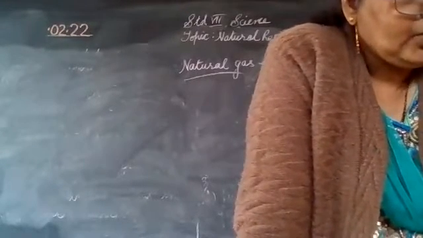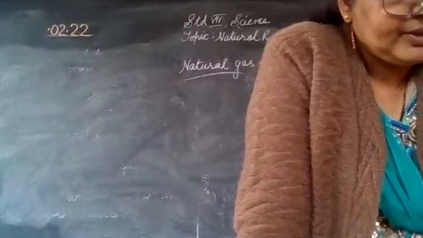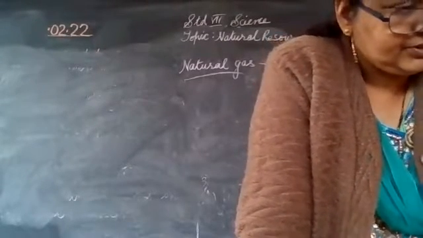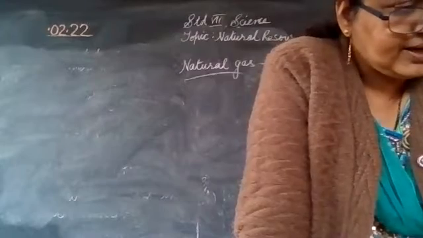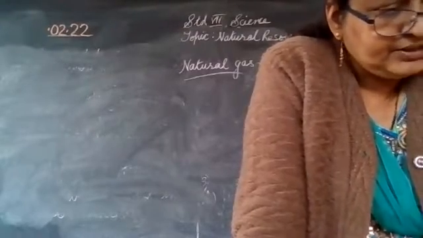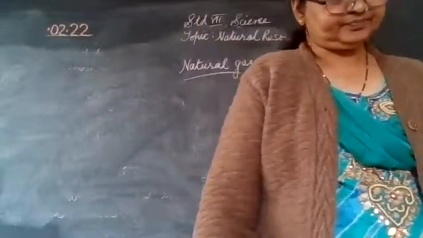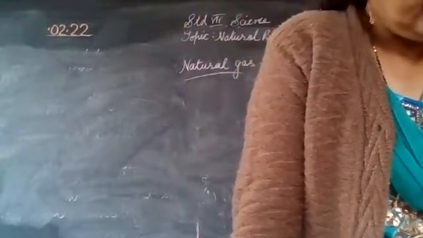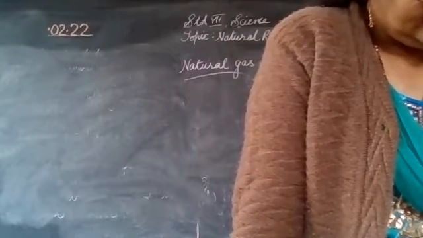Now, what are the characteristics of CNG, compressed natural gas? It catches fire easily and no solid waste remains after combustion. Also carbon dioxide and water are formed in small quantities.